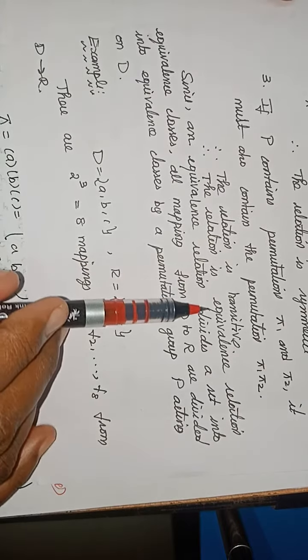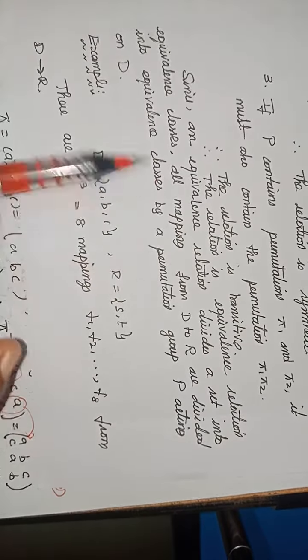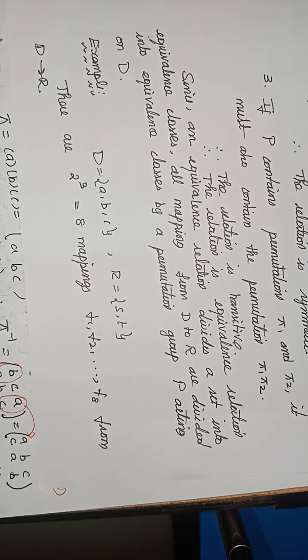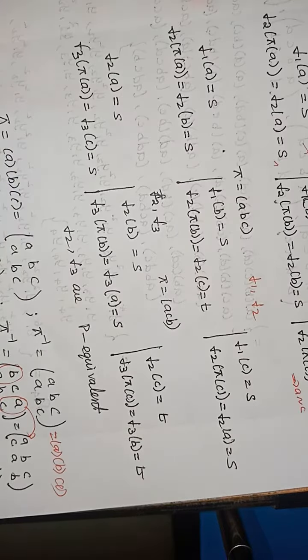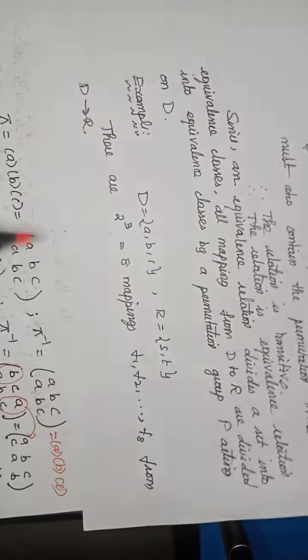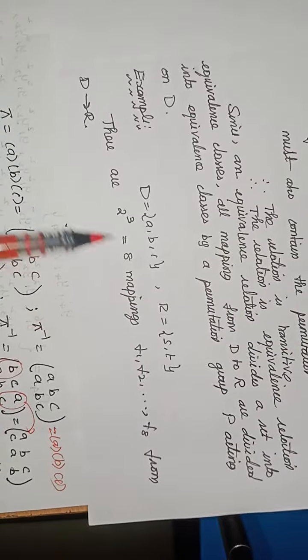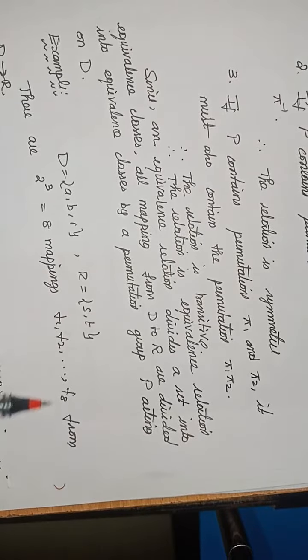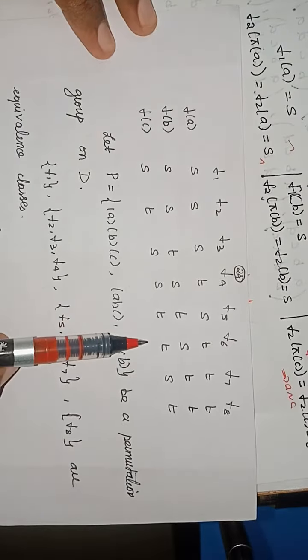Whenever there is an equivalence relation, it can be divided into separate classes called equivalence classes. Look at this example, what we have seen just now. This set consists of 8 functions, and those functions are listed here.